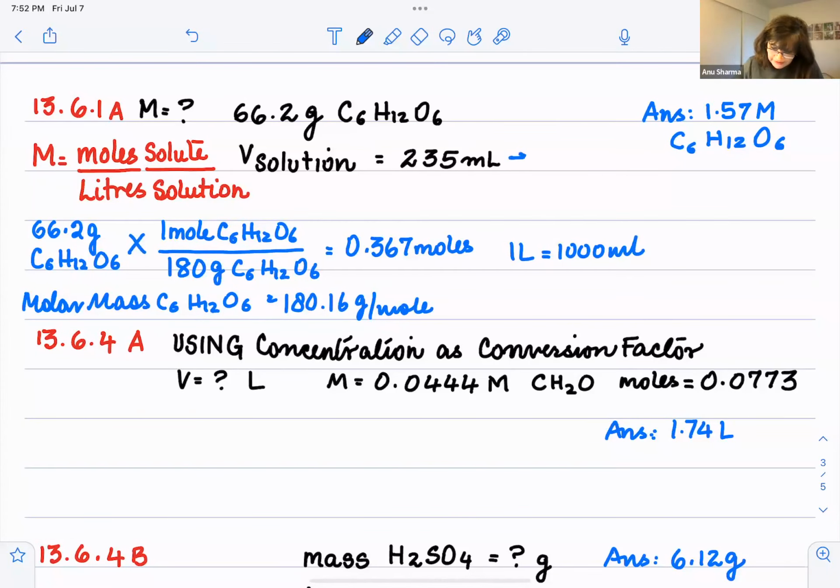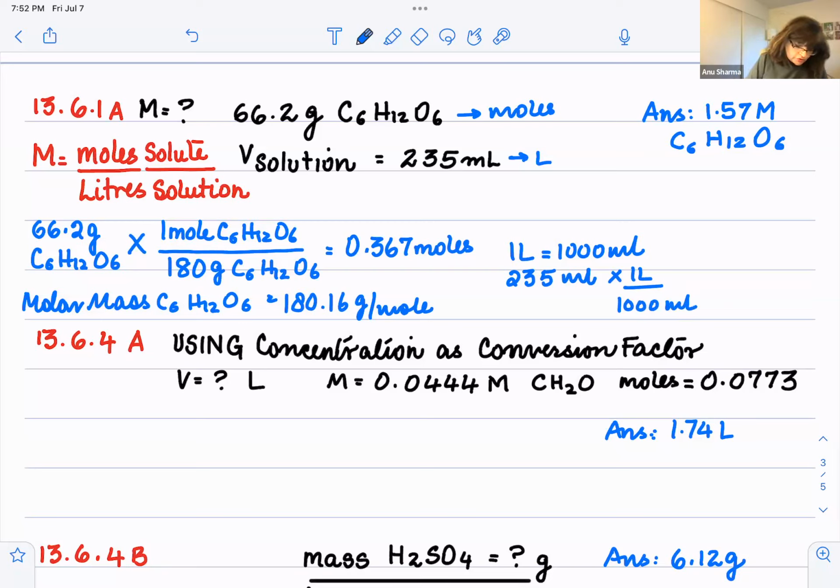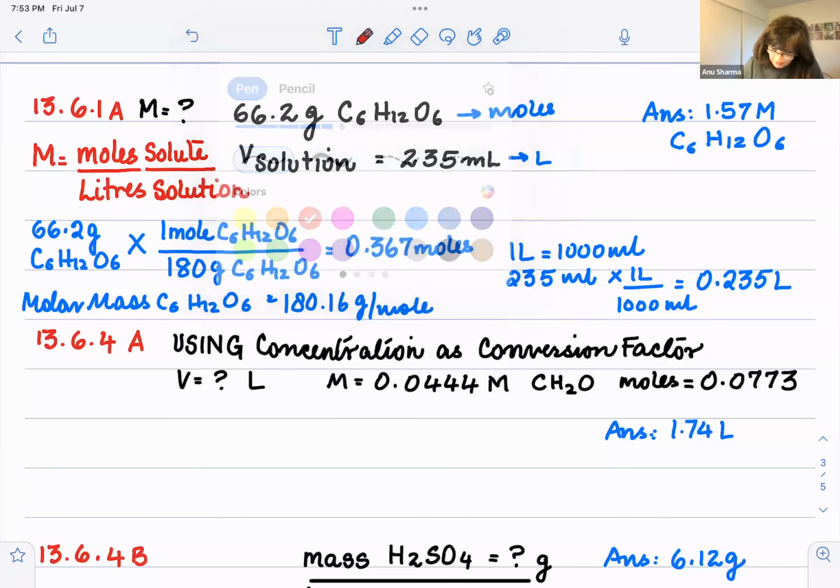So this is what I have done: 235 milliliters times 1 liter over 1000 milliliters. 235 divided by 1000 is equal to 0.235 liters. As you have seen, when you set up these problems, grams and grams cancel out, milliliters and milliliters cancel out, and you're left with the units that you want, which are the moles in one case and the liters in another.